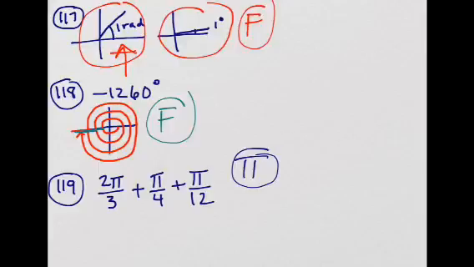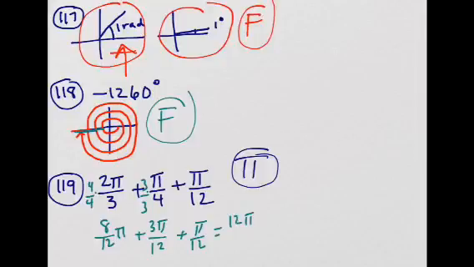That means the first one you multiply by 4 over 4, the second one you multiply by 3 over 3. So that gives you 8 pi over 12, and then 3 pi over 12, and then pi over 12. So then 8, 3, and 4, that's 12. 12 pi over 12. So that's pi. So this one's true.